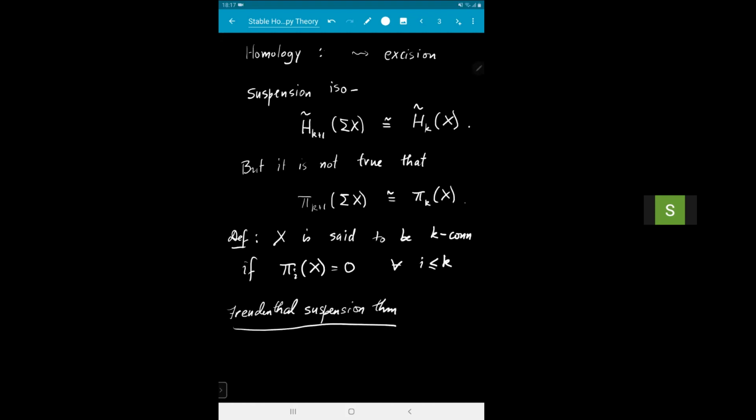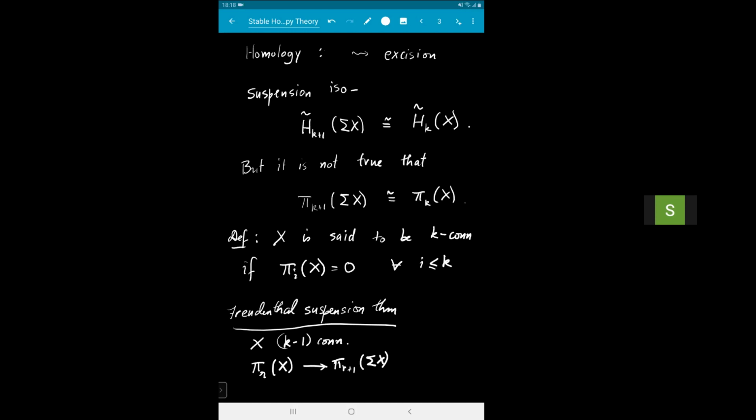So if X is k minus 1 connected, then I look at this suspension homomorphism from pi r of X to pi r plus 1 of the suspension of X. So pi r of X is, remember, the homotopy classes of maps from S^r to X. And now you take a map and map it to the suspension.